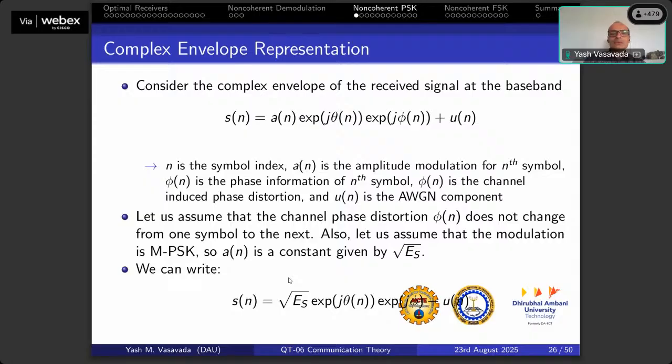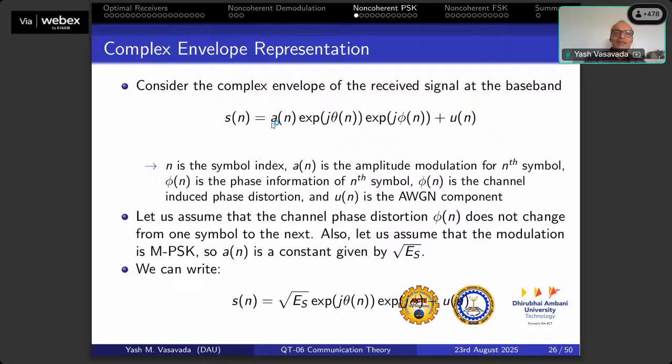Okay, so consider this particular representation of the received signal: A of n, e to the j theta n, e to the j phi n, plus U of n. A of n is the amplitude modulation for the nth symbol. Theta n is the phase of the nth symbol.